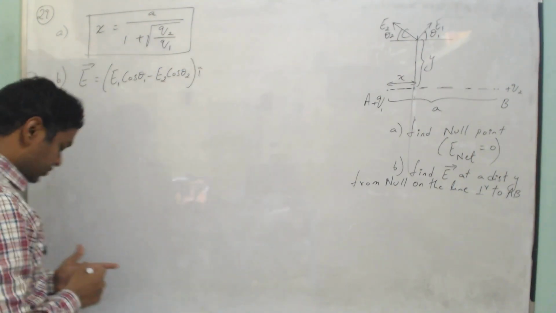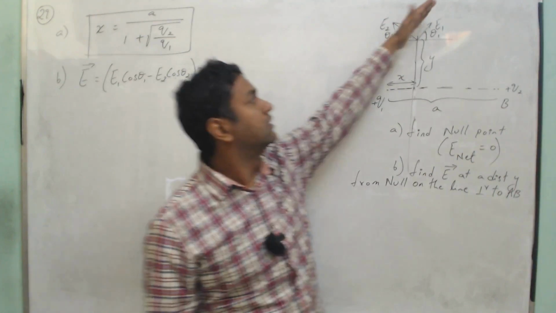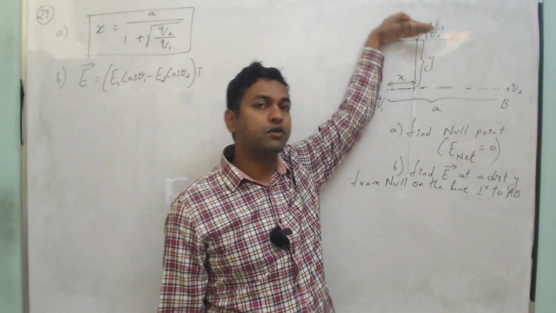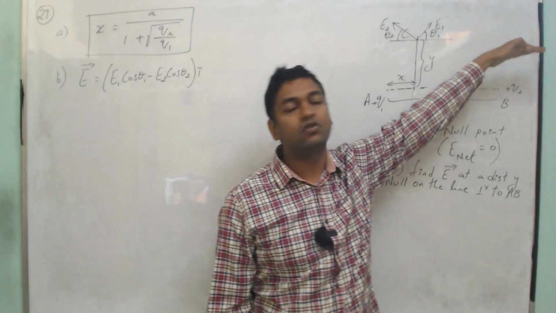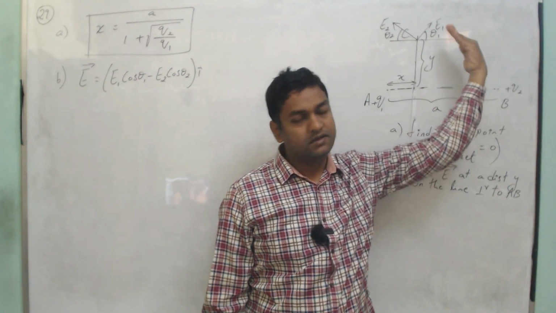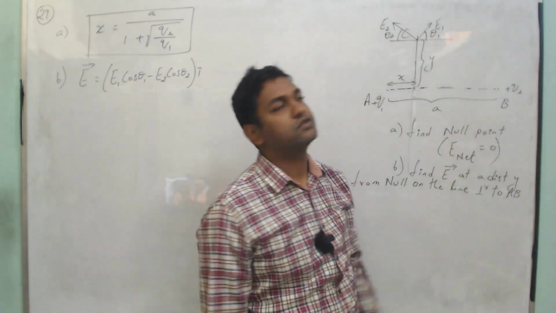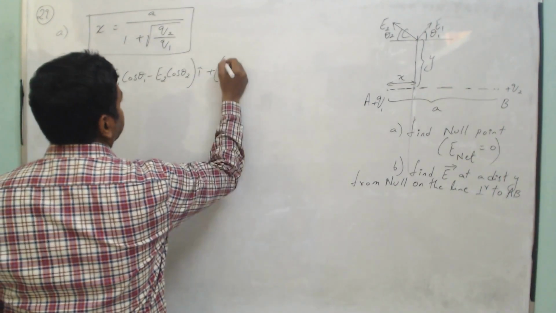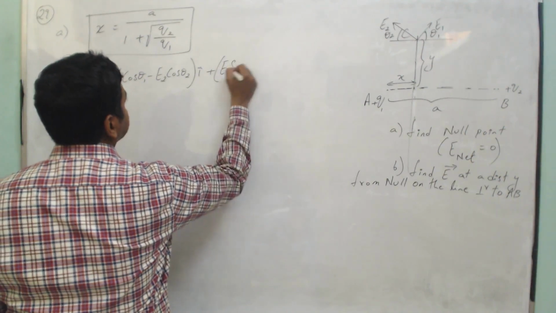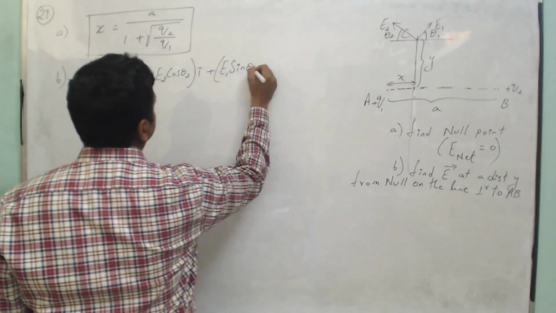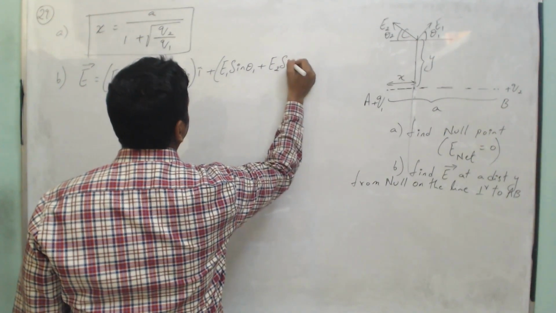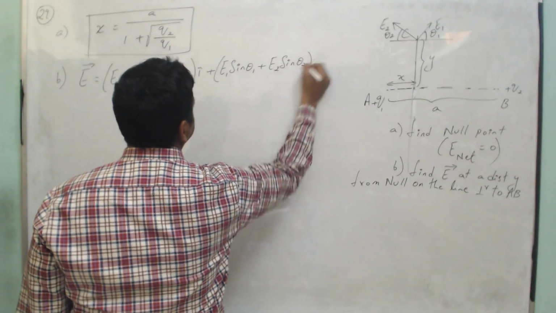Why E1 cos theta 1? Because electric field E1 is at an angle theta 1, so its component along the x-axis is E1 cos theta 1. Similarly, minus E2 cos theta 2, I cap, plus E1 sin theta 1 plus E2 sin theta 2, J cap.